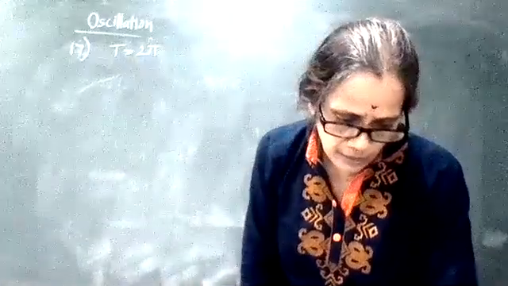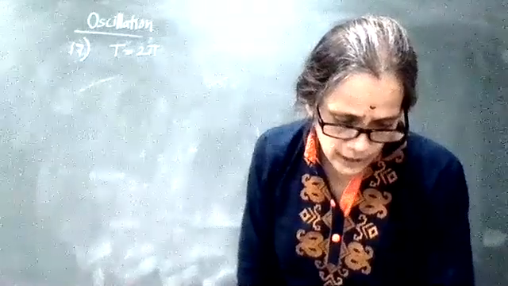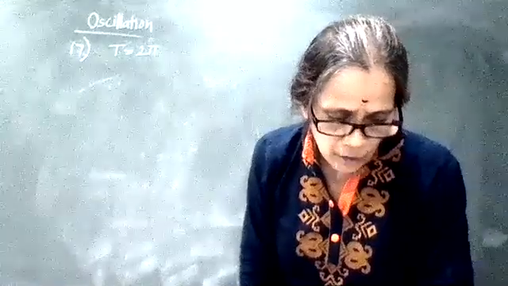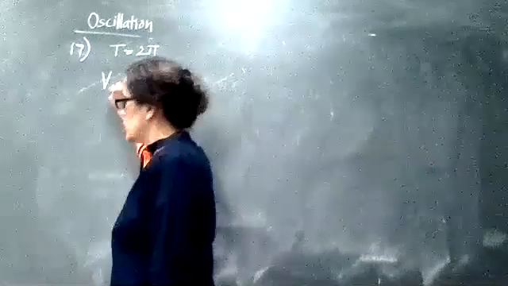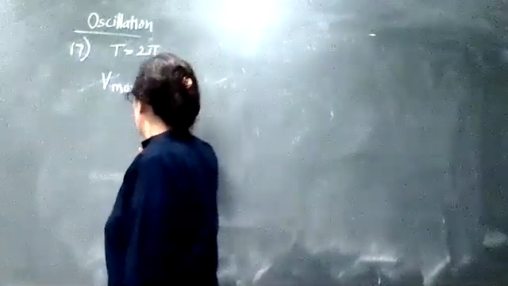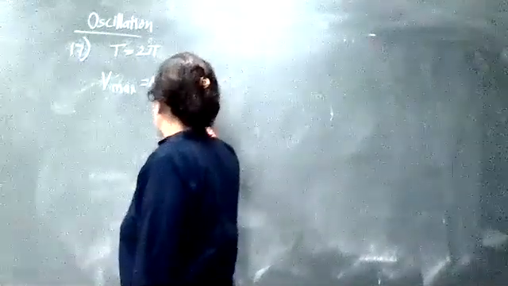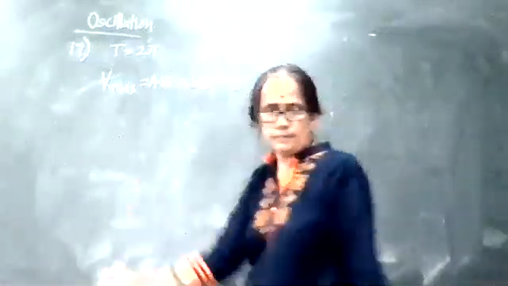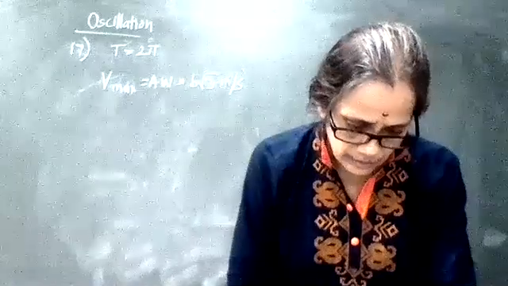What are you given further? About a mean position O, it is observed to have a speed of b root 3 meter per second. So at mean position, speed is maximum, which is equal to a omega, which is given as b root 3 meter per second. This is given data.